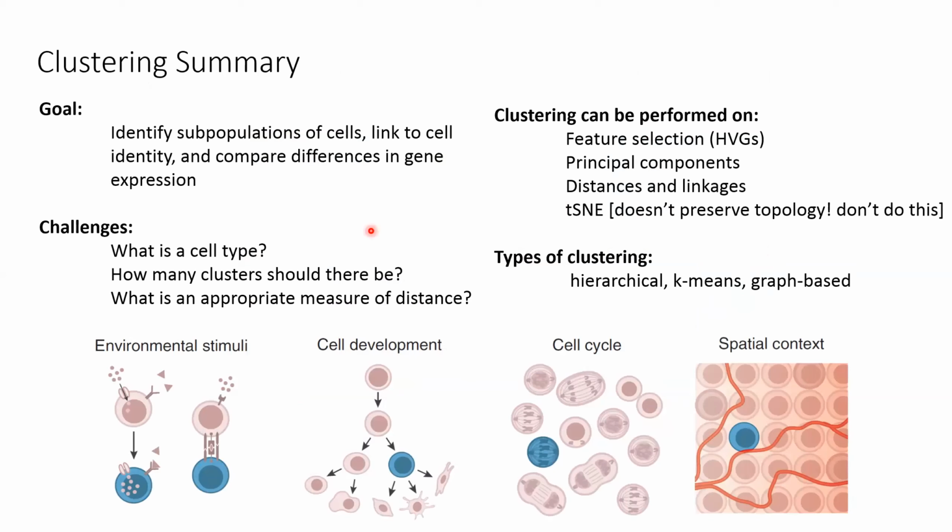So to summarize clustering, the goal of clustering is to find subpopulations of cells that vary in similar ways. Some of the challenges inherent in this work is that our notion of fixed cell identities can limit the types of questions we asked about gene expression, and clustering can be performed on many different subsets of our count by cell matrix, often with dimensionality reduction being applied first.